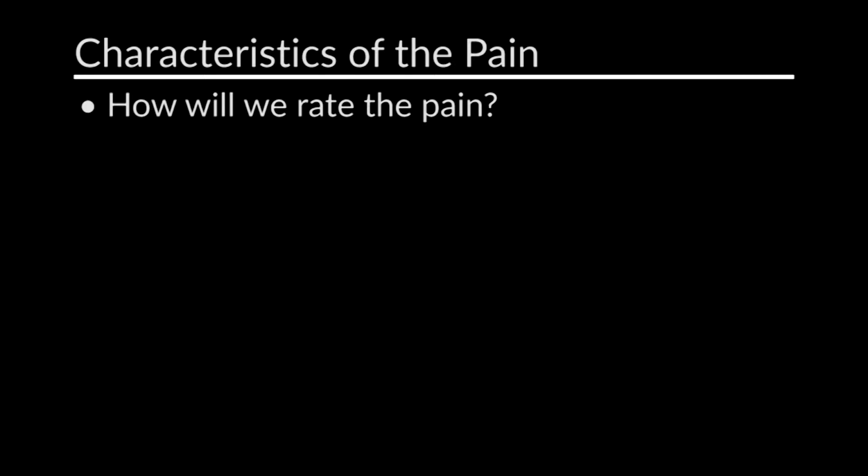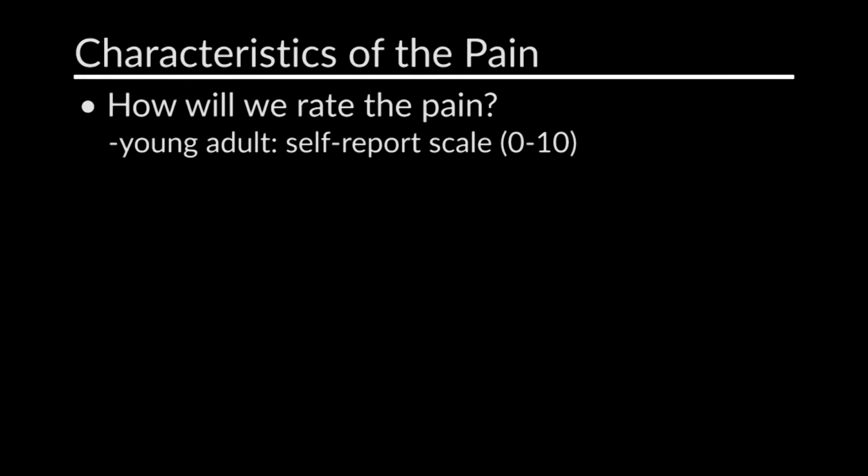How will we measure the pain? If the patient is a young adult, a self-reported pain level on a scale of 0 to 10 may be the most appropriate scale, with 0 being no pain at all and 10 being the worst pain that patient has ever experienced.